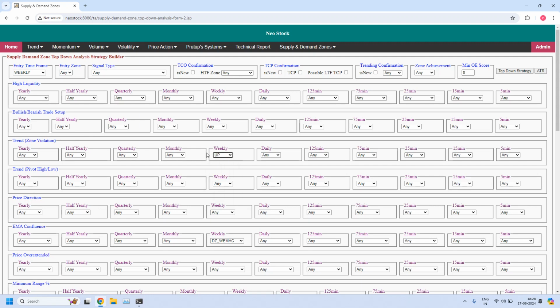If the list is big, even the swing high lows trend also we will select as uptrend. First we will see. With this I am selecting. That means demand zones having a weekly EMA confluence and also uptrend. And also entry zone is demand zone, right?